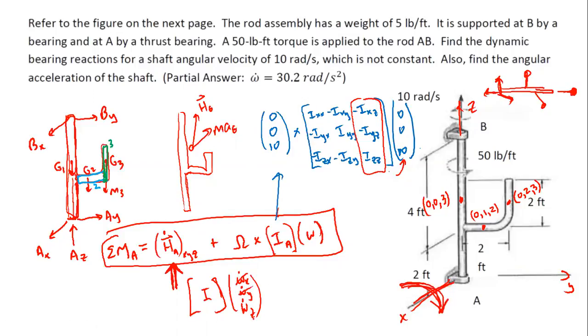So the only thing I have left is this omega dot Z, right? And that's what I'm going to solve for up here. That's the angular acceleration of the shaft. Okay, any more questions there?